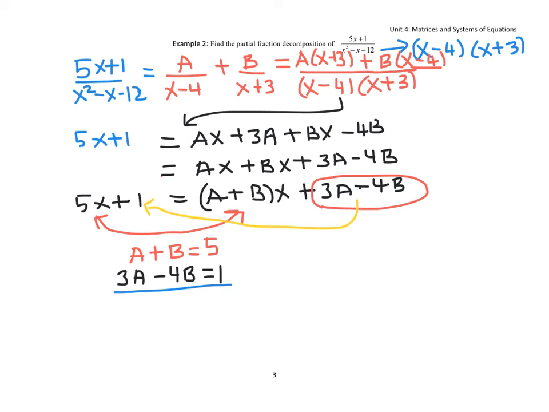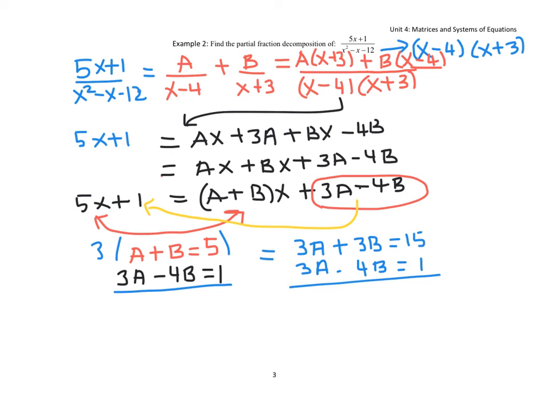So I put a line there. I'm going to multiply everything on top by 3. So I get 3a plus 3b is equal to 15, and then 3a minus 4b is equal to 1.